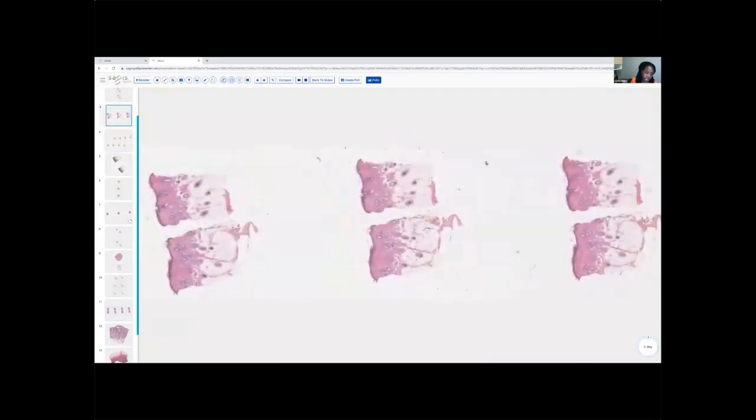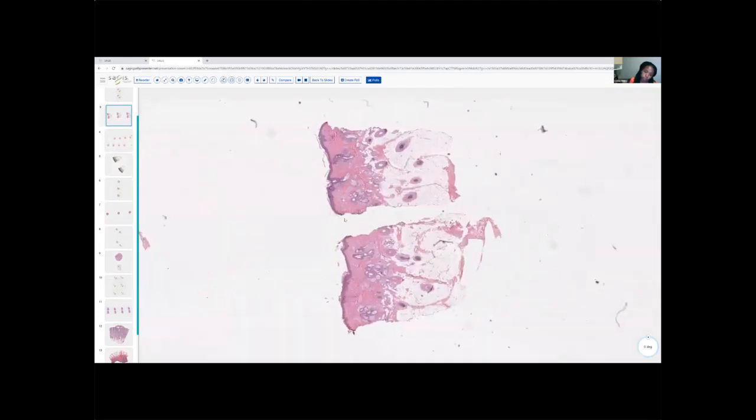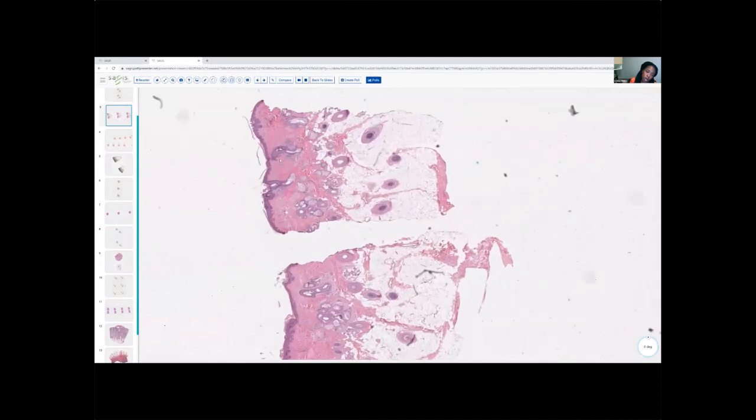Contrast that to this example here, on the scalp. What's really striking here is that we have some nice terminal hairs again.